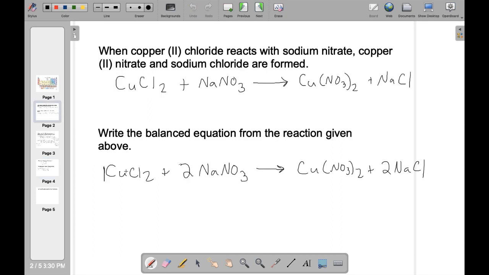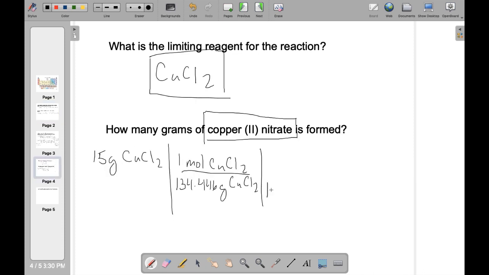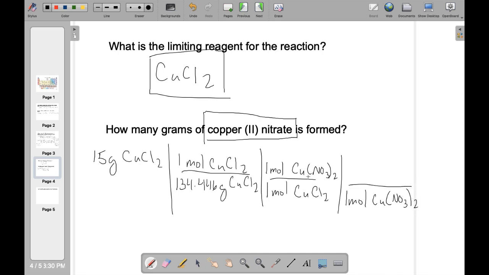So it's 1 to 1, which works out well. 1 mole of copper 2 chloride equals 1 mole of copper 2 nitrate. 1 mole of copper 2 nitrate, and I have to look up a molar mass for copper 2 nitrate, which luckily I've already done, which is 187.546 grams.